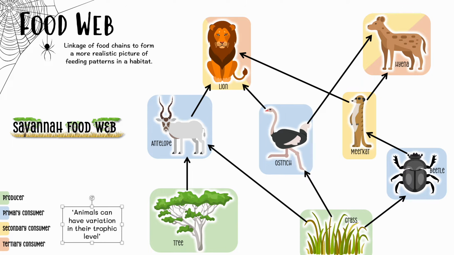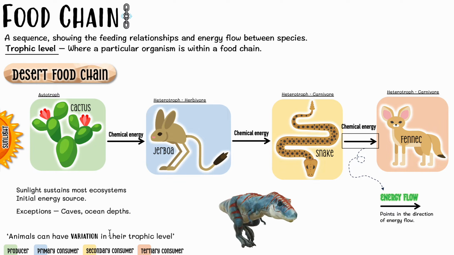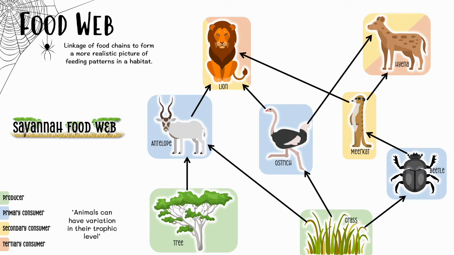I had this exact same sentence right here because now it's going to be easy to understand. Look here, let's look at the hyena. I made the background two colors for a reason. In one scenario, it is a secondary consumer, and in another food chain, it is a tertiary consumer. So this clearly shows that an animal's trophic level can vary depending on what food chain we're considering.